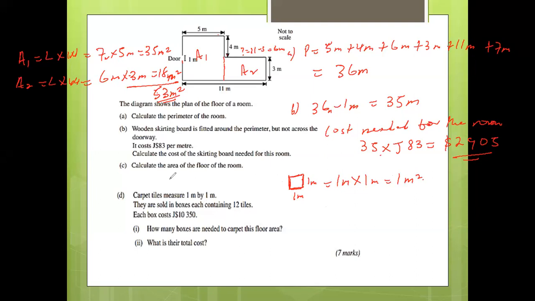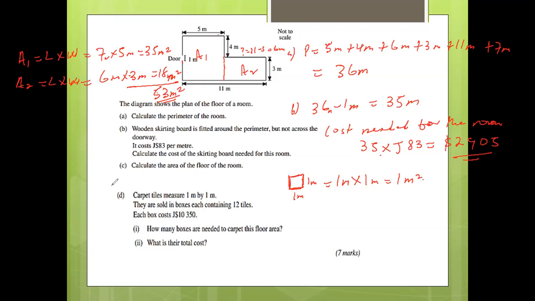Watch this one now. They say that they are sold in boxes of 12 tiles. So that means each box has 12 tiles inside, and each box costs 10,350. So the question was asked, how many boxes are needed? How many boxes of carpet are needed for the floor?